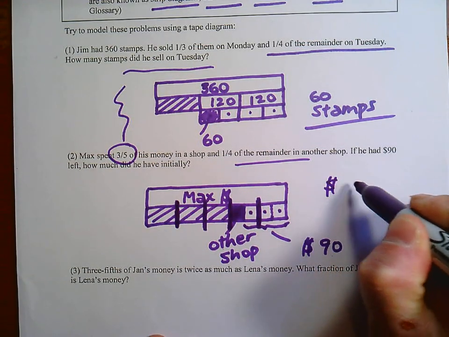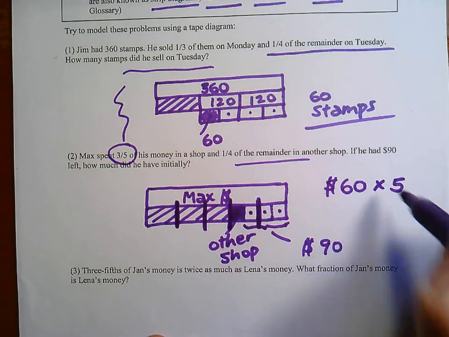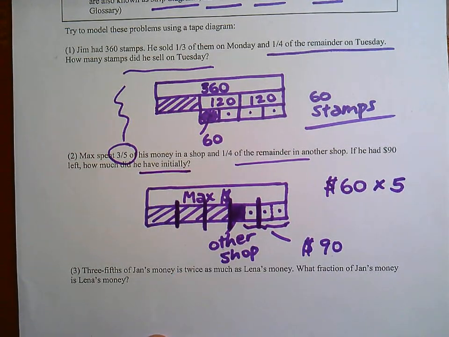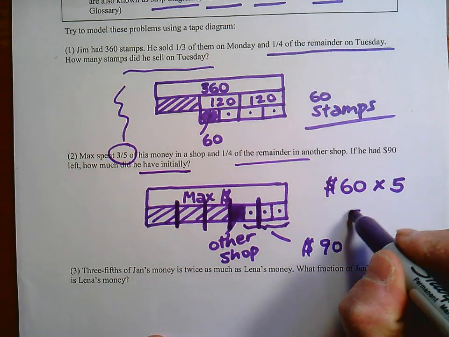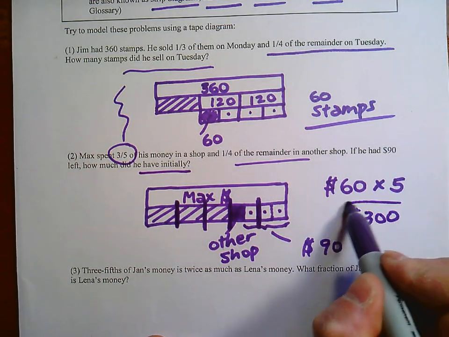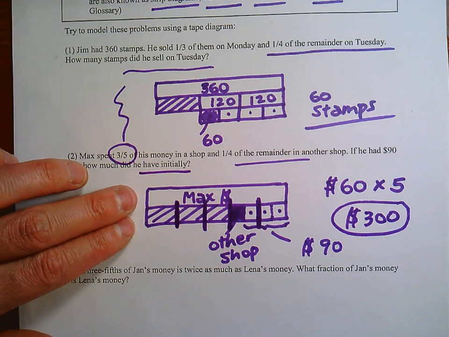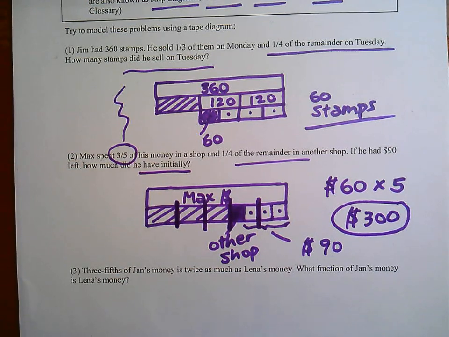So one way you can solve it is you can take $60 times 5, and that will answer how much he had initially. $300. Same comments as number 1: just looking at this model, you get a nice solution.